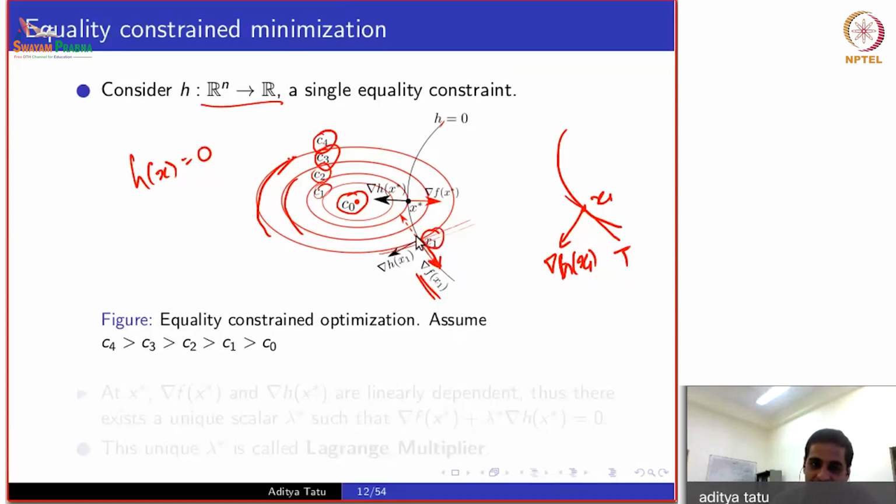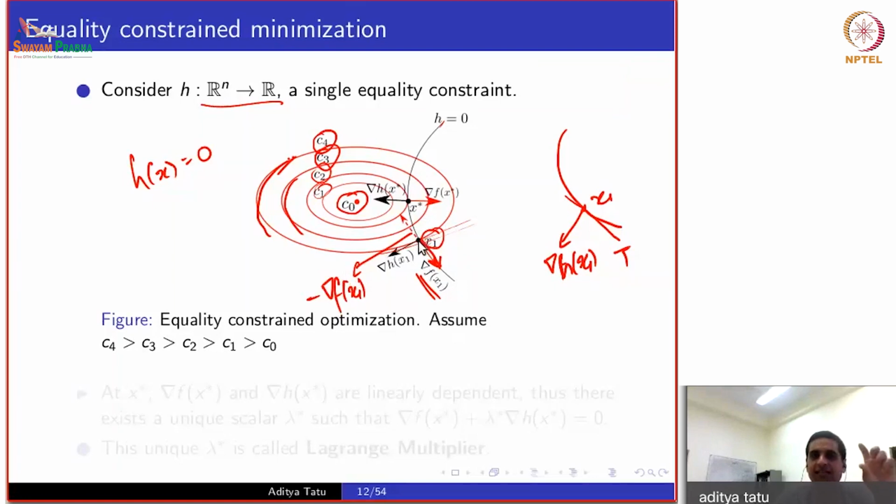And similarly, in this dashed arrow, which is just negative of the gradient of f at x1, if I travel along the curve a little bit along this direction, I will still ensure that I am on the curve only by taking a very small step. But the thing is, I have traveled along the negative gradient. That means in that direction, the value of the cost function f has to decrease.